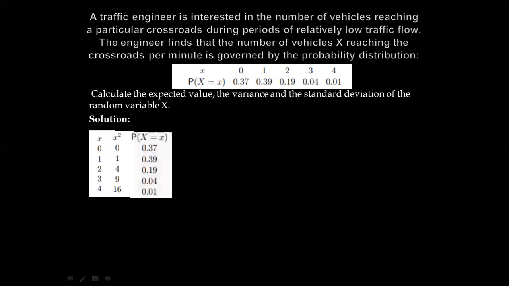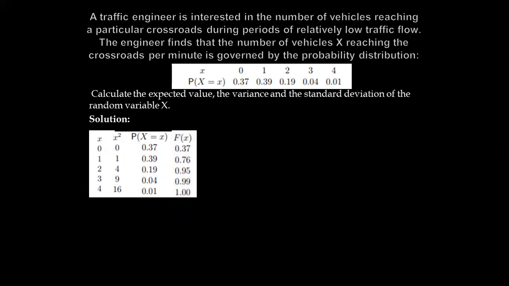The next column, we copy the given probabilities for P of X equal to x: 0.37 for 0, 0.39 for 1, 0.19 for 2, 0.04 for 3, and 0.01 for 4.